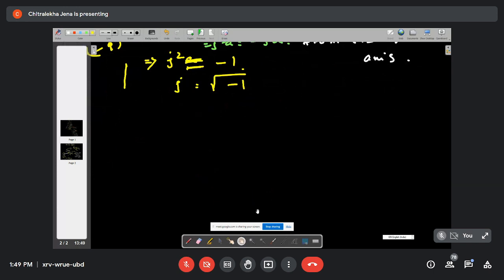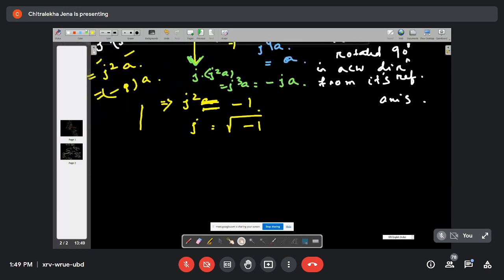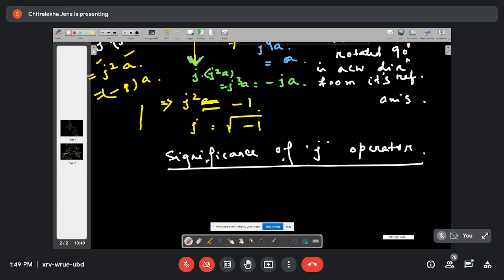So what is the significance of the j operator? Write down the heading: significance of the j operator.